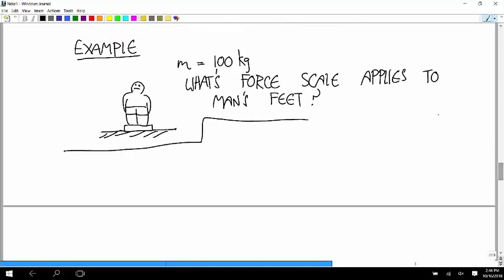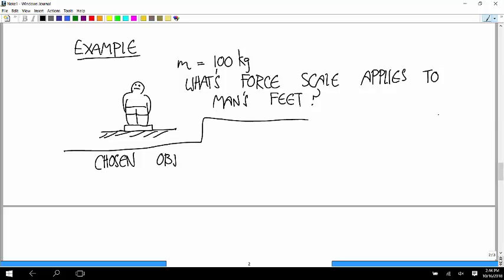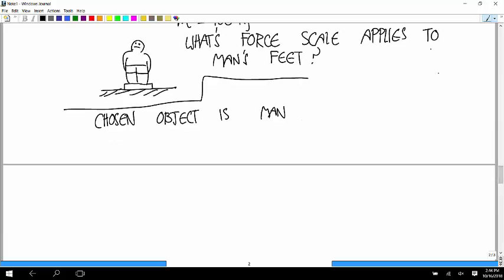Okay, well, our chosen object is just going to be the man. And so let's start compiling this information. What are the forces that are acting on the man?